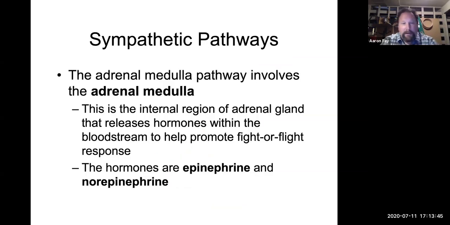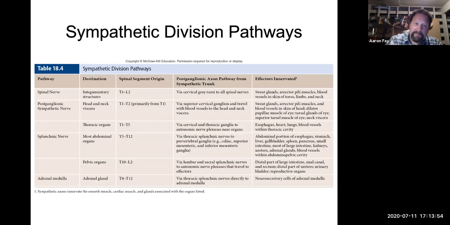Okay. So, just saying in words, the adrenal medulla pathway involves a connection to the adrenal medulla, right? This is very important for releasing epinephrine and norepinephrine. Whew, lots going on there, right? Check out this table, which helps make it clear, right? The origin segment, don't worry too much about that.